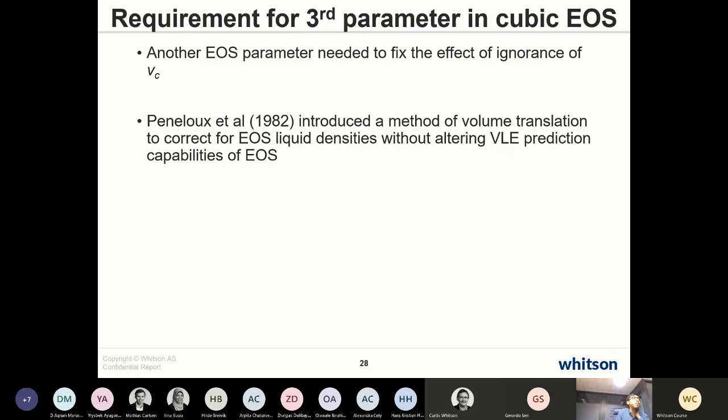Because at that time people had already programmed, for example, SRK and Peng-Robinson equation of state models in mainly the process simulators.